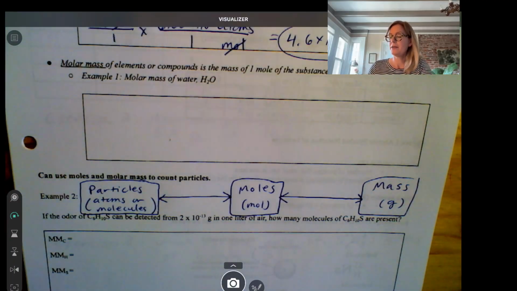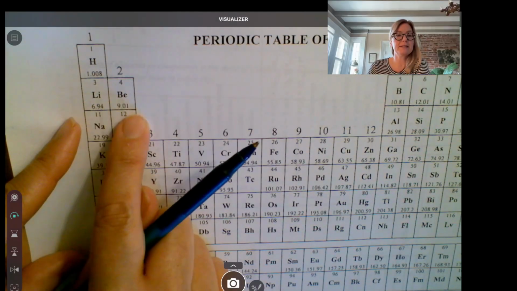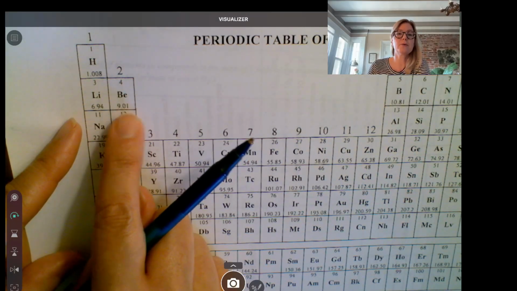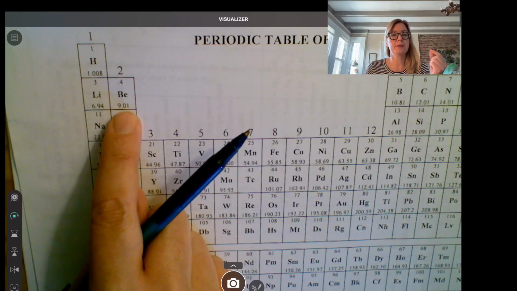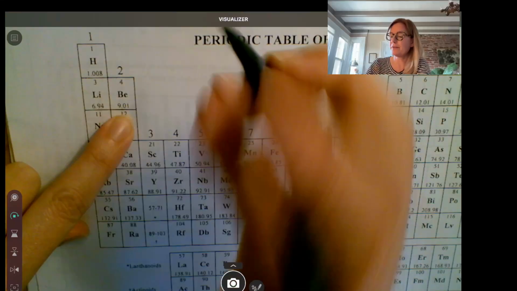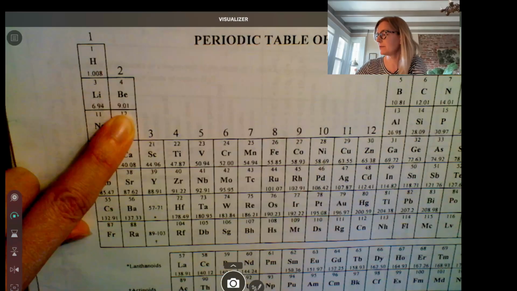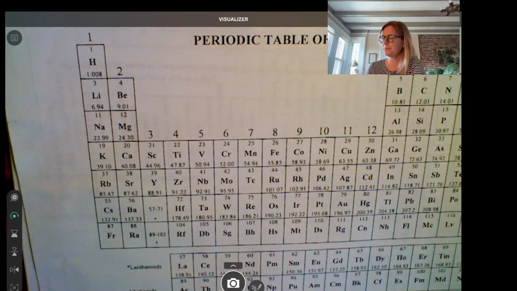These masses on the periodic table that we think of as atomic mass are also the molar mass. So for beryllium, 1 atom has an average mass of 9.01 AMU. So you can think of this as the number of AMU per atom. So you don't have to write this down. The stuff I'm writing on a Post-it, you don't need to write it down, just listen.